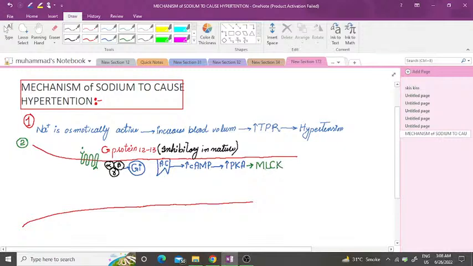MLCK, myosin light chain kinase. Myosin light chain kinase is an enzyme. So protein kinase A causes the phosphorylation of this protein.